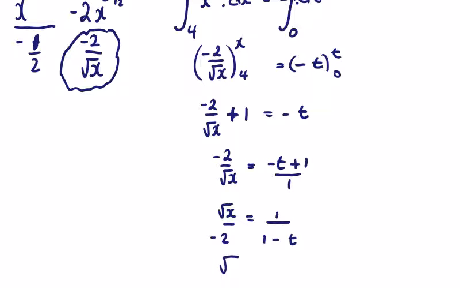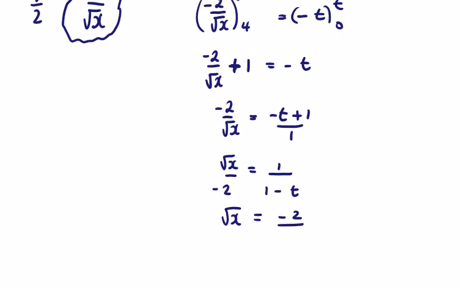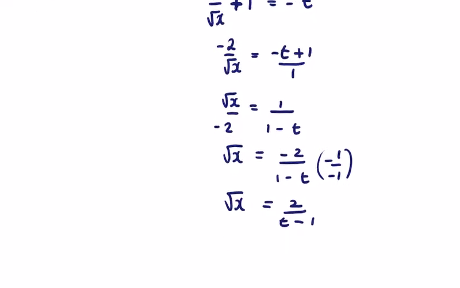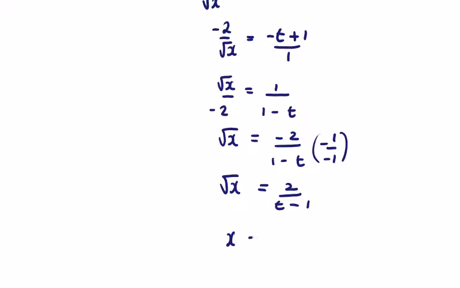So we get root x is equal to minus 2 over 1 minus t. A lot of minuses in here. We multiply by minus 1 over minus 1, just the right hand side. We get root x to be 2 over t minus 1. And then if we square both sides, we're going to get x is equal to 2 over t minus 1 to be squared.